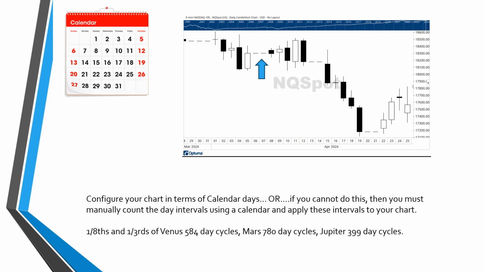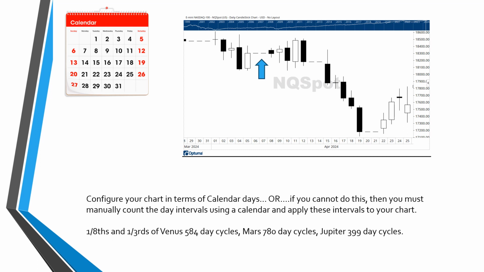Now, I'm using a software called Optima, which with a click of a mouse, I can reconfigure my charts to take into account the weekends. If you cannot do that, then not a problem. From a significant high or significant low, you're going to have to use a good old-fashioned calendar, and you're going to have to count out these various fractional increments of these synodic cycles.